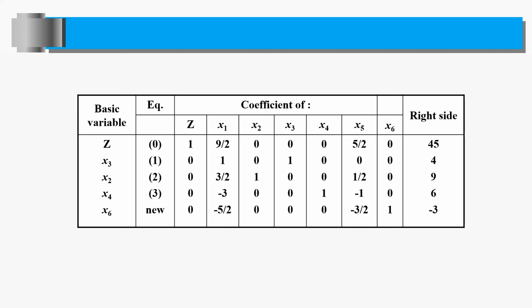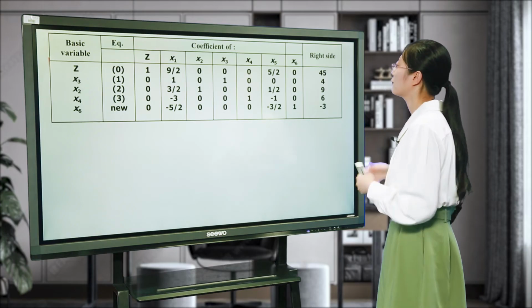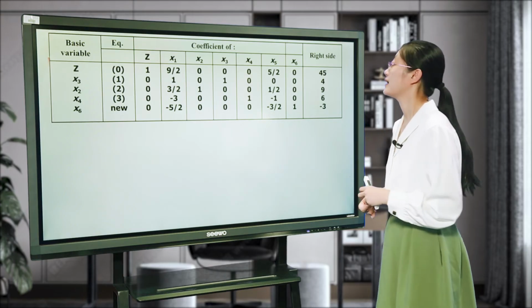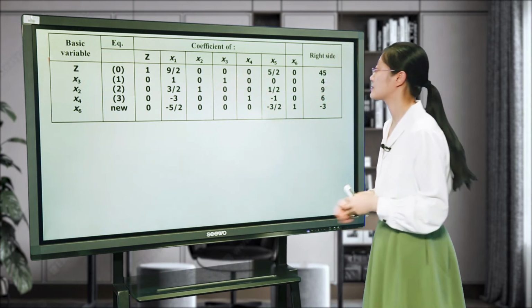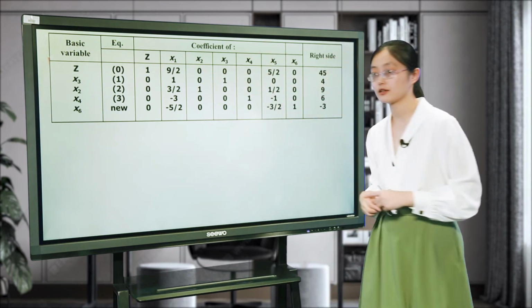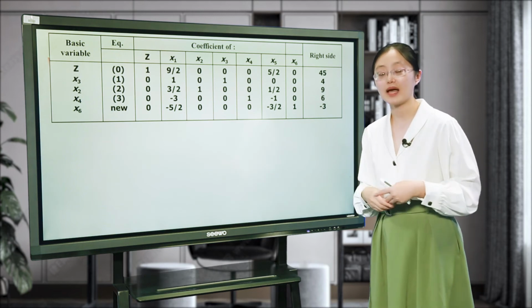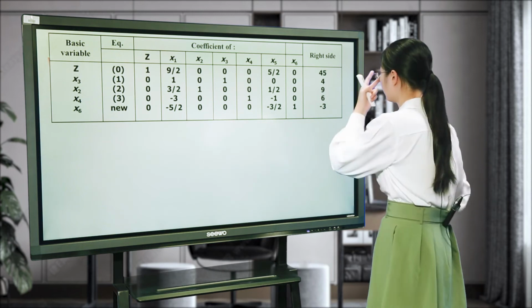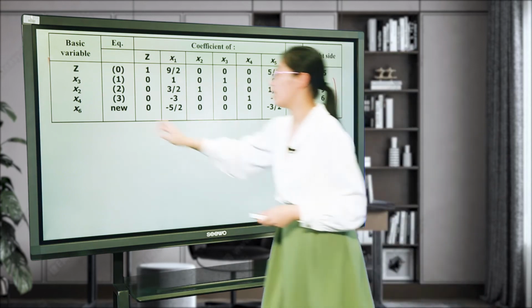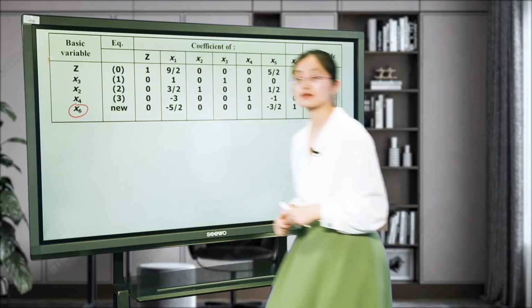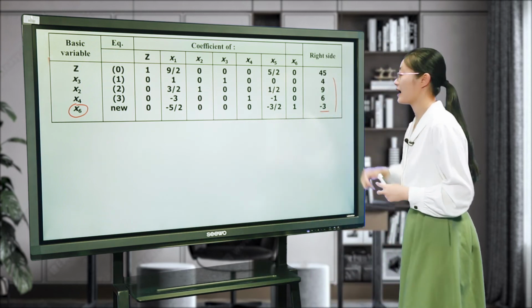In this simplex tabular, we have all the corresponding basic variables and non-basic variables listed. Now, if we examine this tabular, we can see that the top row, equation 0, has all the coefficients non-negative, so it passed the optimality test. However, if we look at the right side, we can see that one of the basic variables, x6 in this case, is actually negative.